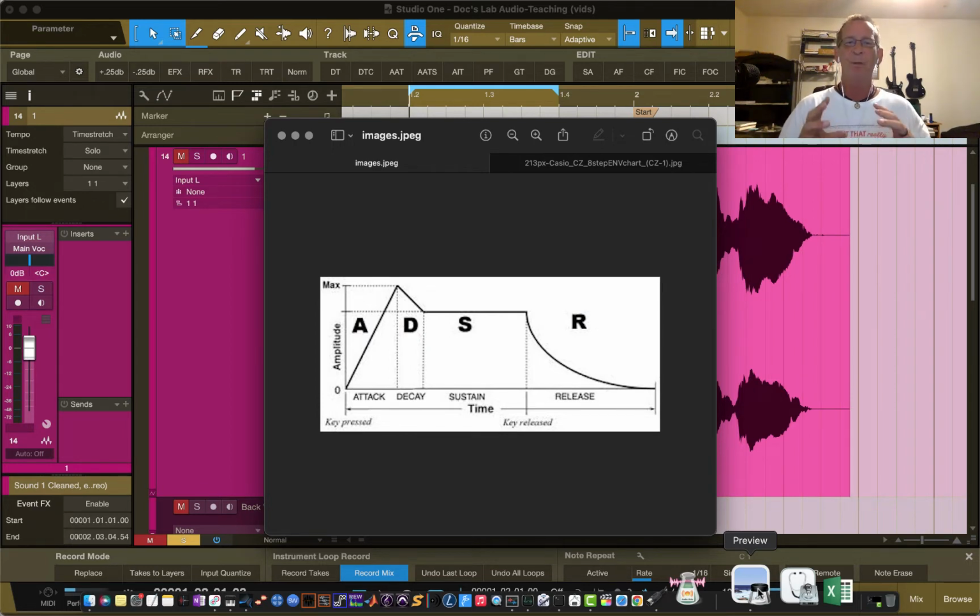The problem here is whenever we're dealing with a natural instrument, say a vocalist or a guitarist or something like that, how they voice things, and the ADSR that's inherent in their performances is hugely important.